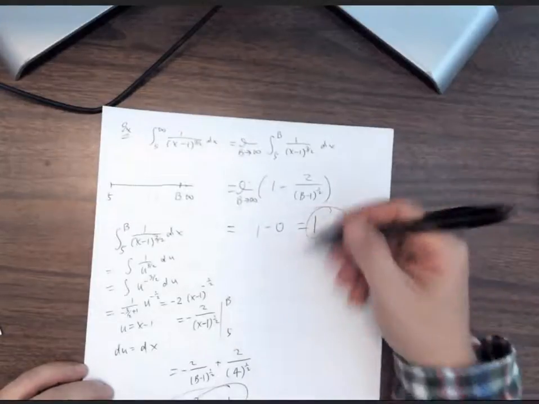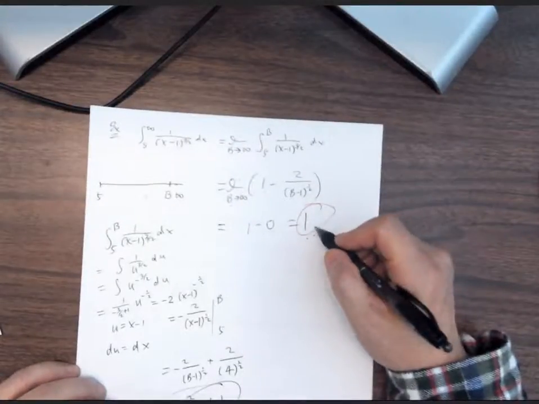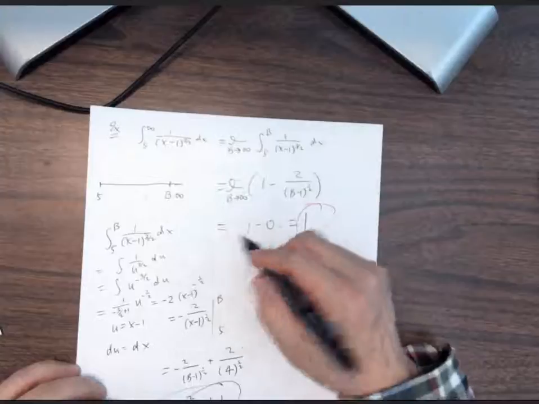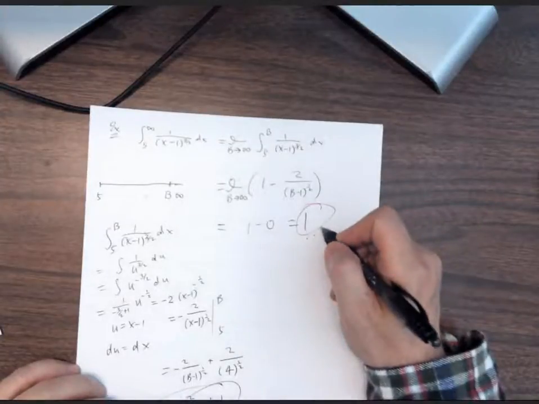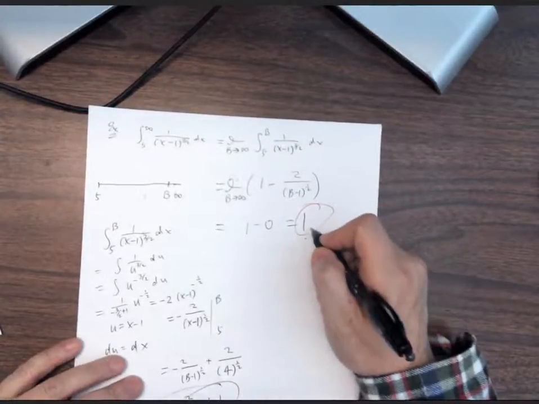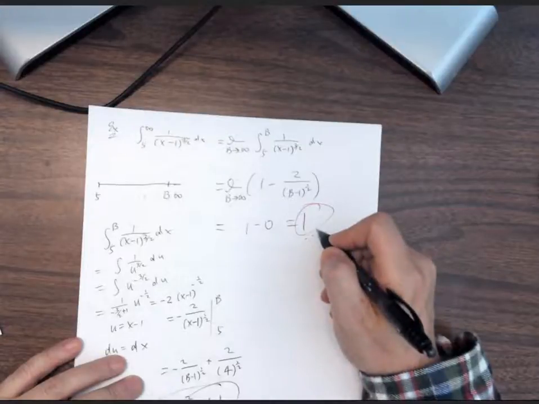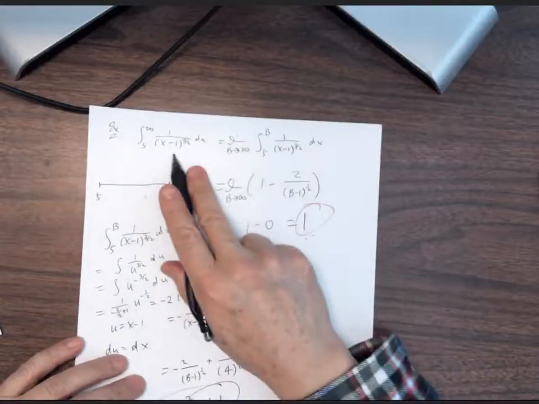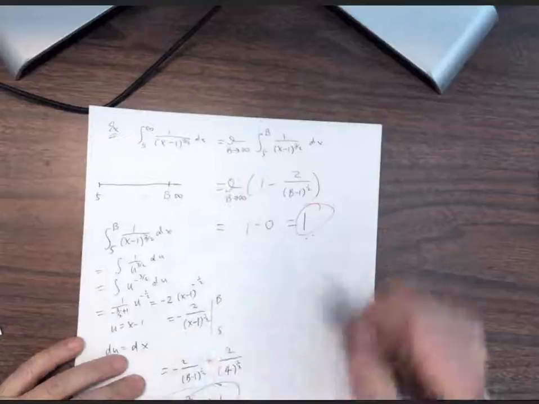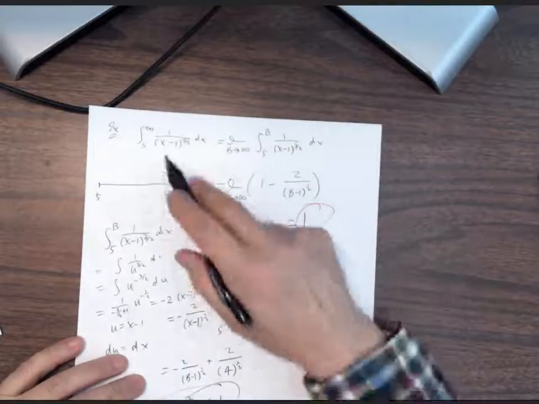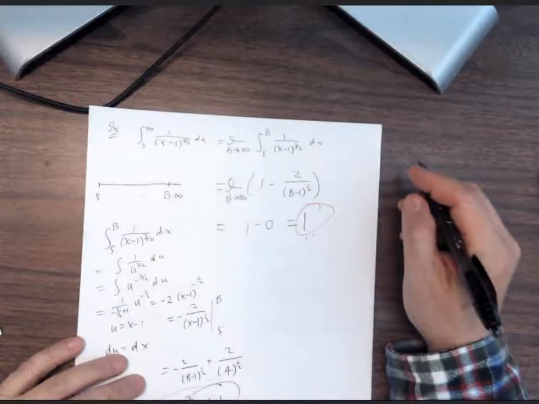What it means is, based on the value of the limit, if the value is finite, like this, we say the improper integral converges. Otherwise, we say the improper integral diverges.